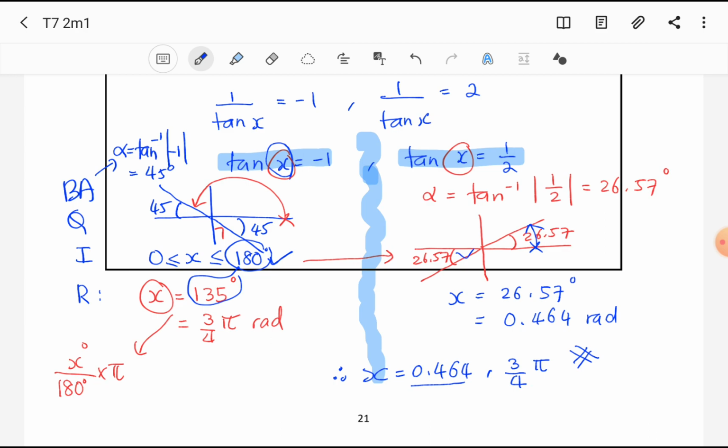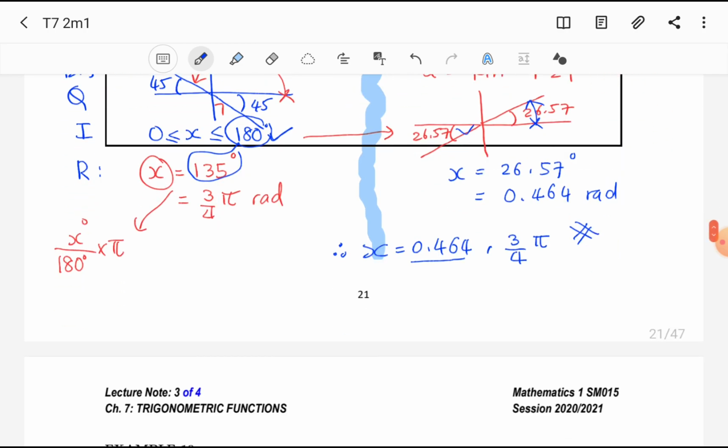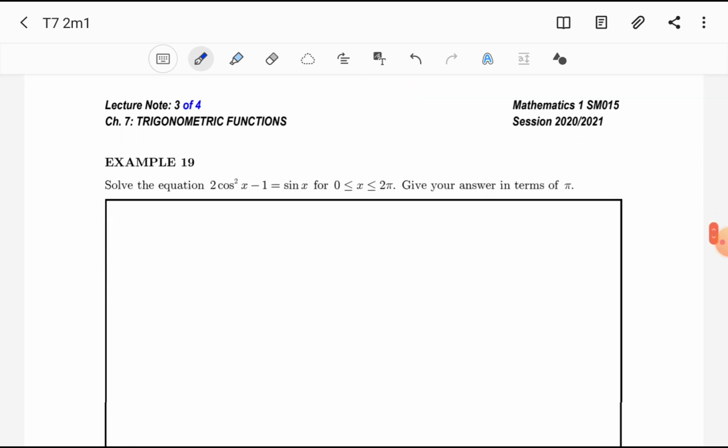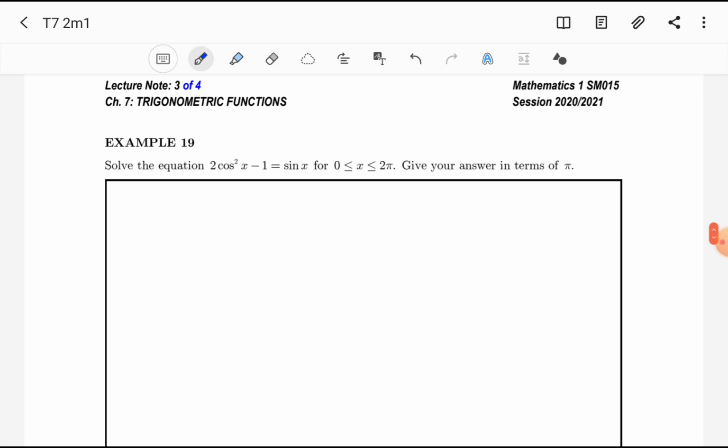Satu contoh untuk kuadratik. Okay, next. Example number 19. Solve the equation 2 cos square X minus 1 equals to sin X. So, kalau awak tengok kat sini, ada cos square, lepas tu ada sin X. So, kita nak factorize.